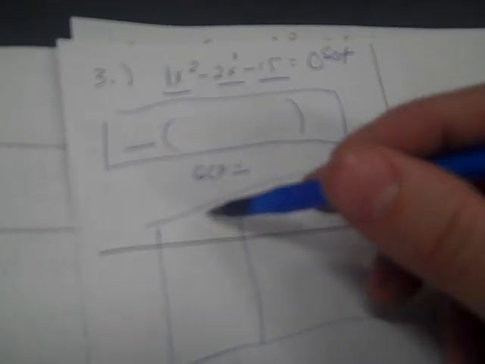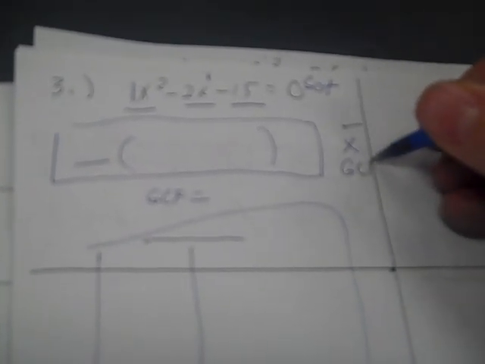Now count your terms. There are 3, GCFT. Negative x GCF. Negative, that's a positive, so don't do it. X, yep, nope.